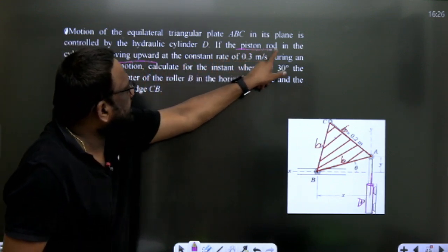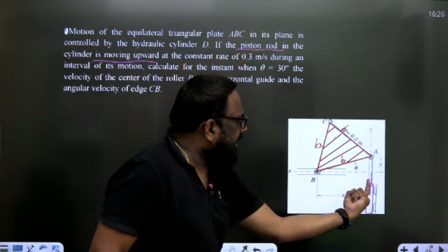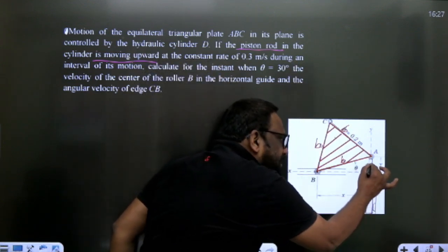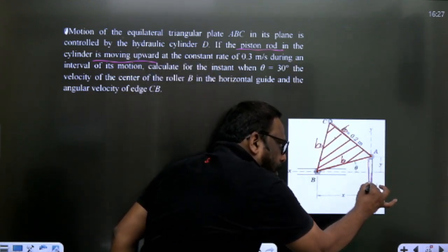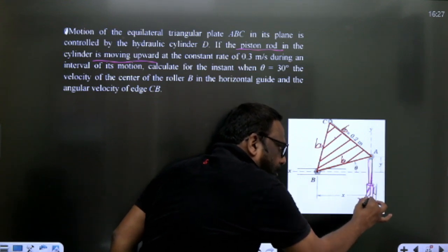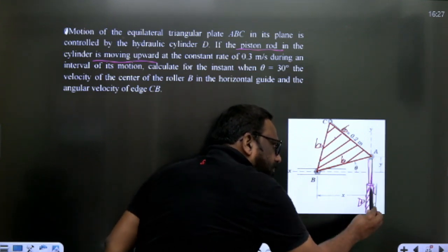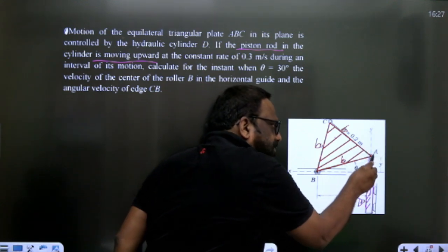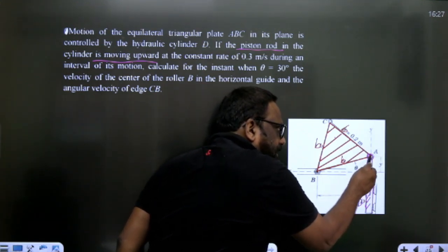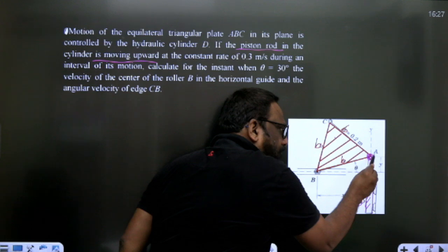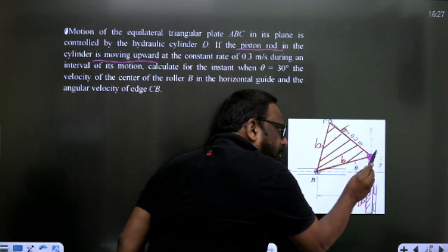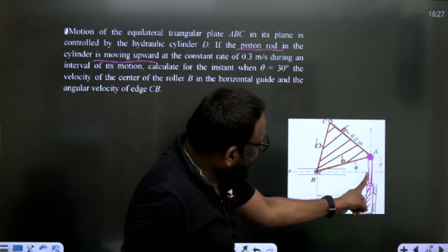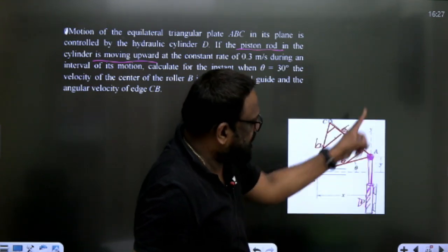Look carefully, sir. This is the piston rod, this is the hydraulic cylinder. From this hydraulic cylinder the piston is moving up, and this piston is connected to this point of the equilateral triangle, and the piston is moving upwards.